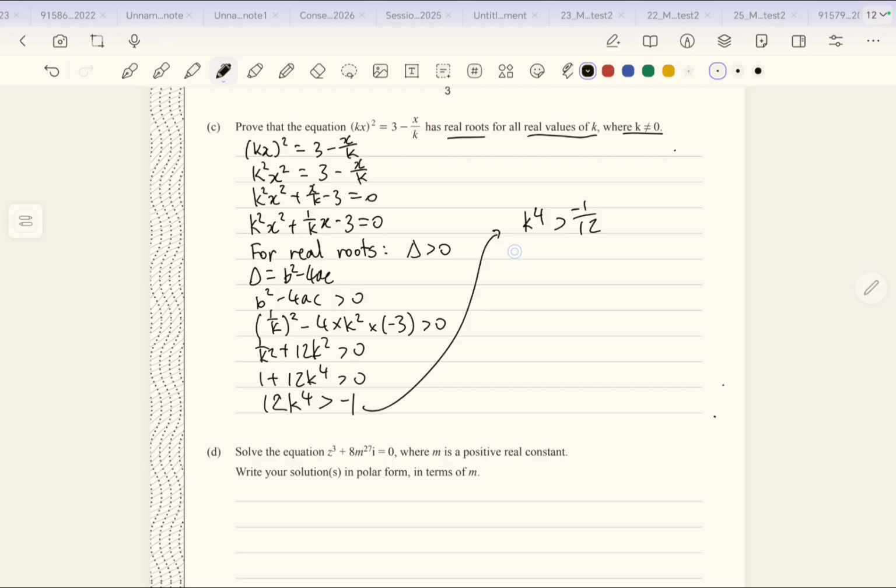So you can say for k is part of the reals, k squared is always greater than 0. Since k to the 4 equals k squared again, therefore k to the 4 will always be greater than 0.